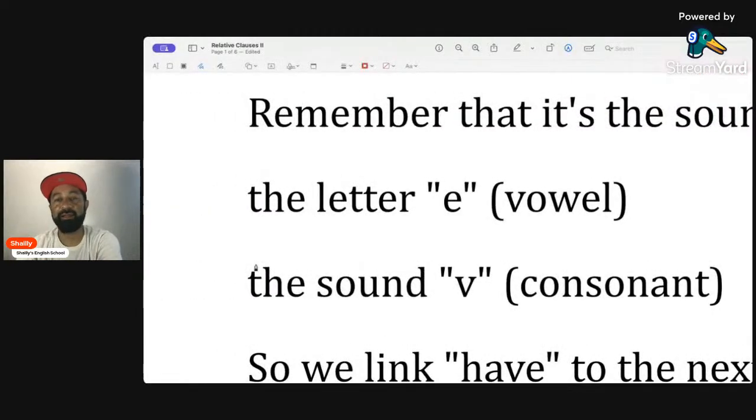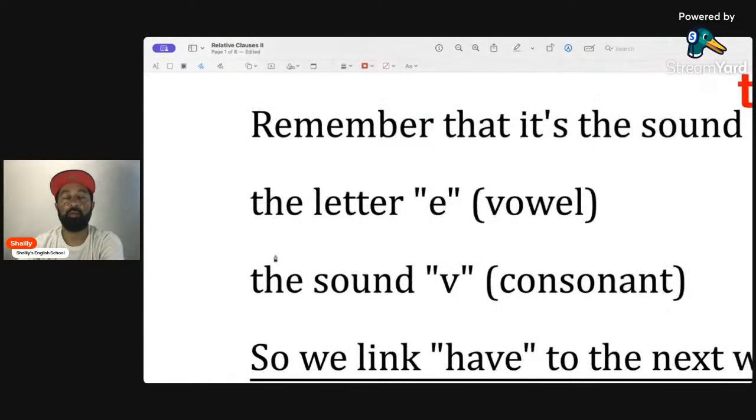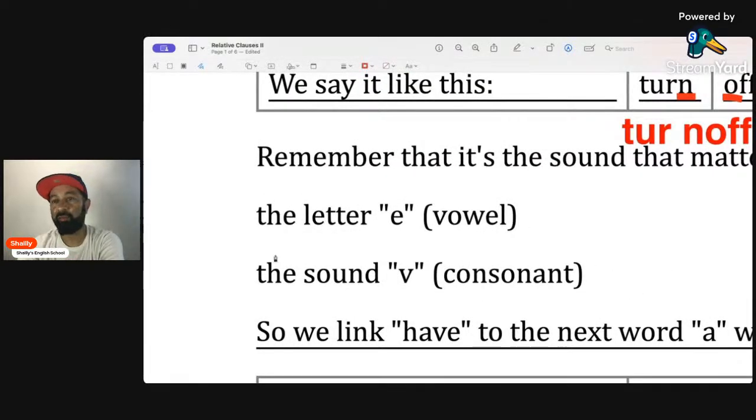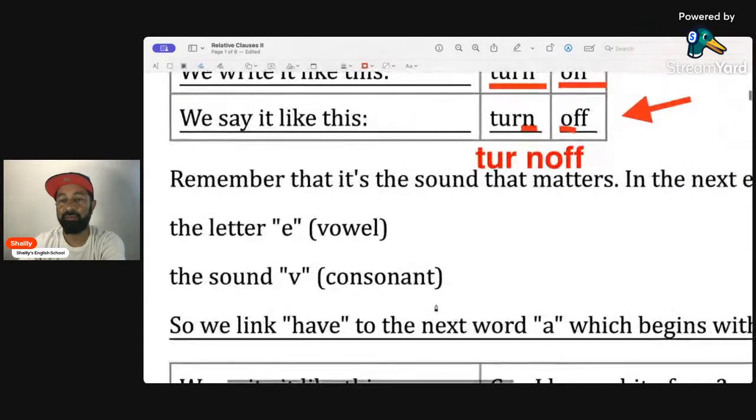Sometimes our words end in an E, right? That's a vowel. But we don't worry about the letter, we're more worried about the sound. So we're going to be linking the sound, not the letters. Another example would be right here.